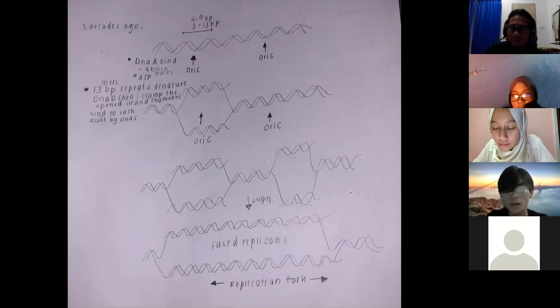I want to ask what is meant by end to end in this question. I think end to end means the origin of replication from one bubble end to the next bubble end.